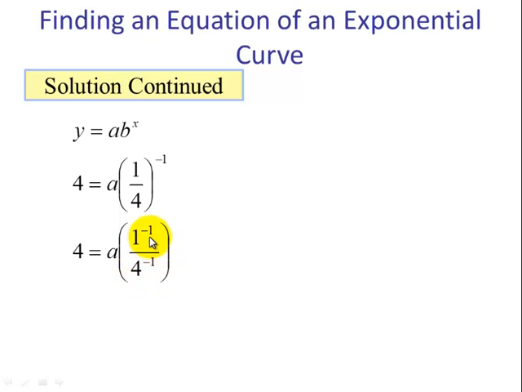So this becomes 4 over 1, and 4 over 1 is 4. We multiply that by a, we have 4a. So 4a equals 4. Dividing by 4, we see that a is equal to 1. So our equation is f of x equals 1/4 to the x power.